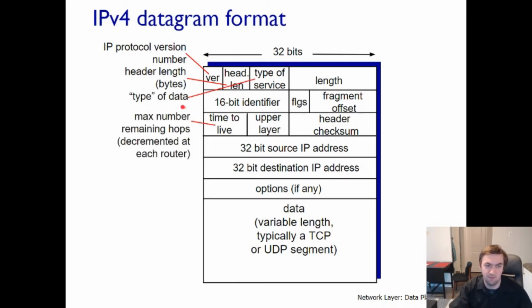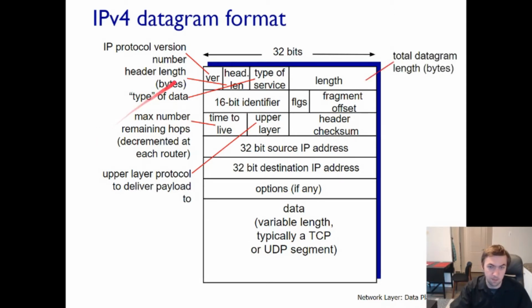We have time to live, which is the maximum number of hops we can go from one router to another to actually get our datagram from the sender to the receiver. We have the upper layer protocol that this payload is actually being delivered to. We have the total length of this datagram in bytes.